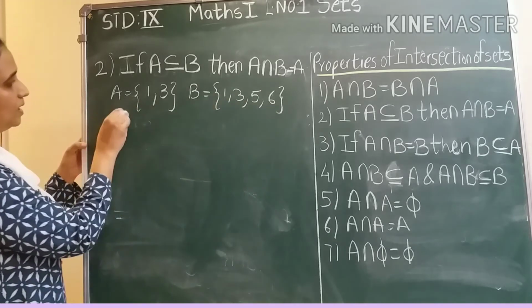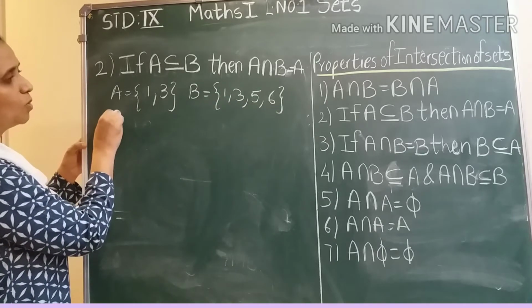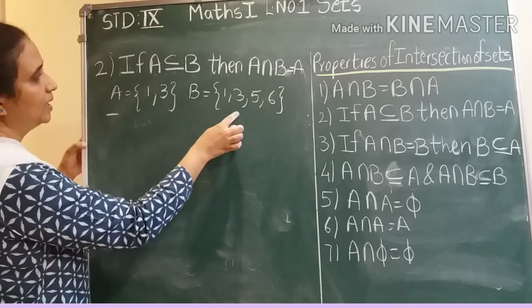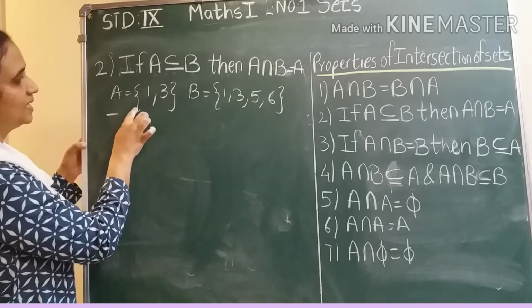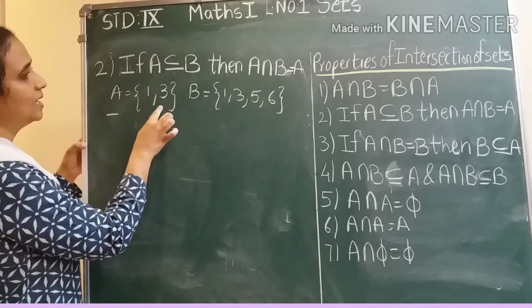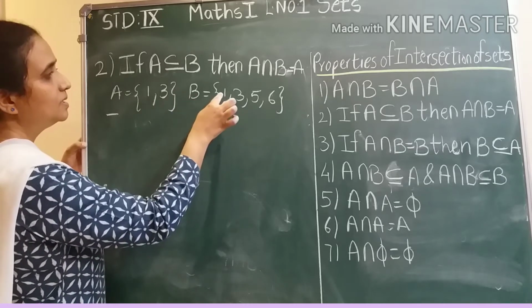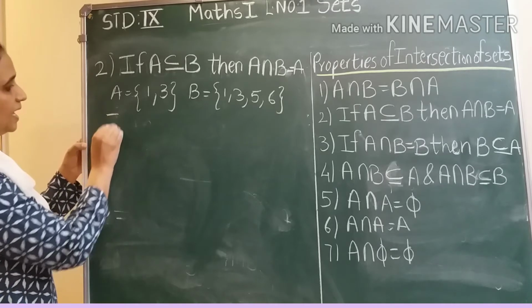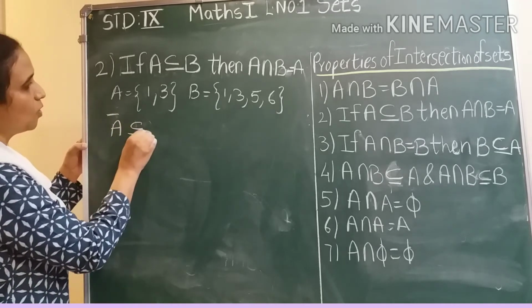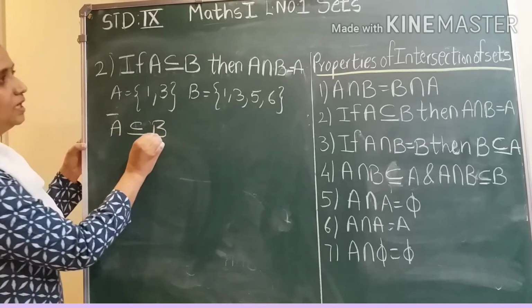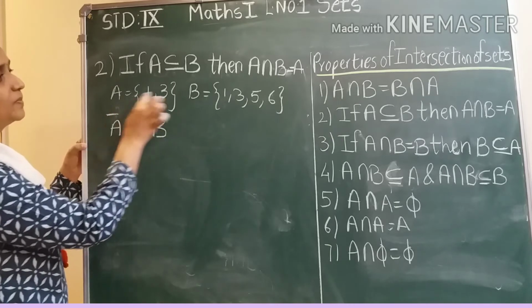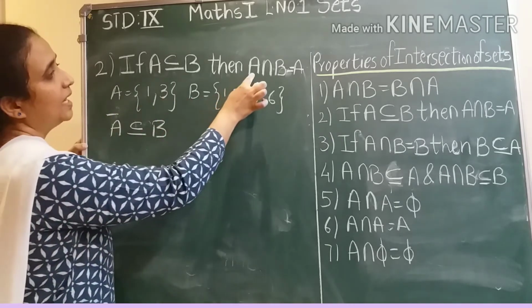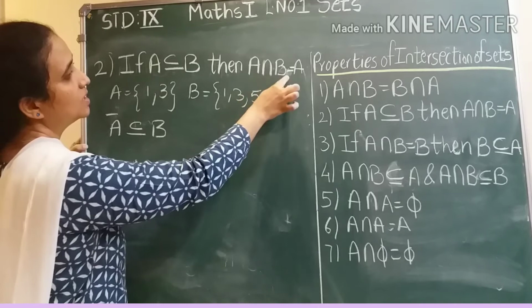You will see over here A is a smaller set as compared to B and all the elements which are present in A, that is 1 and 3, are present in set B. So over here we say that A is a subset of B, correct? Now if A is a subset of B, then A intersection B is equal to A.